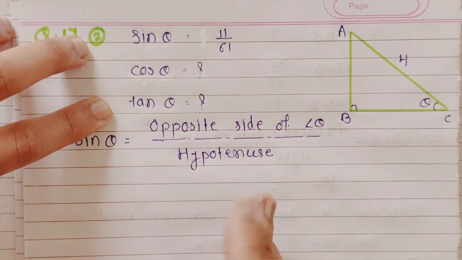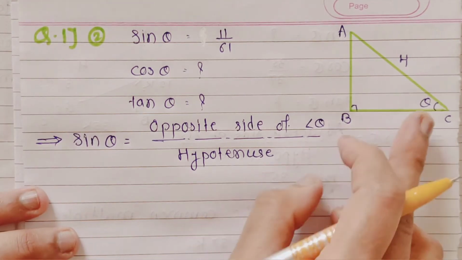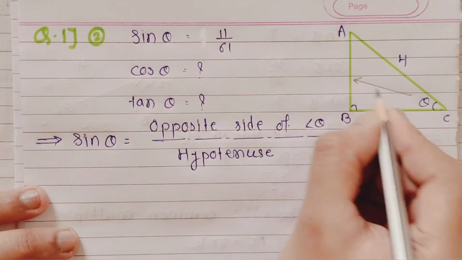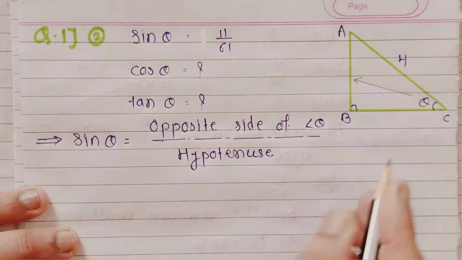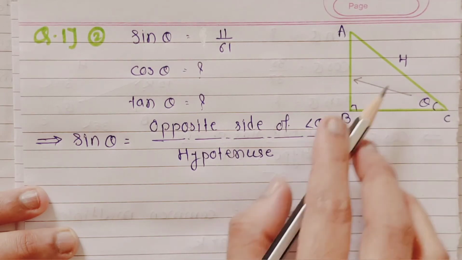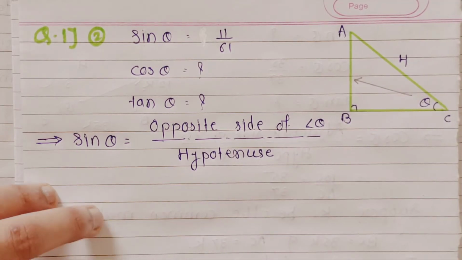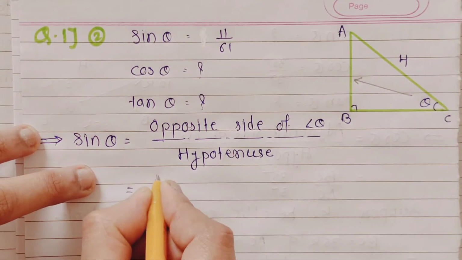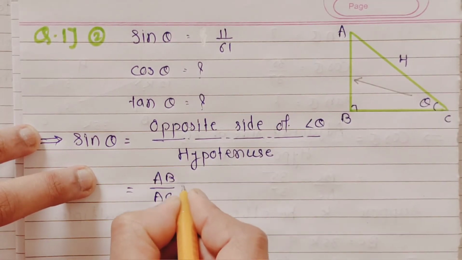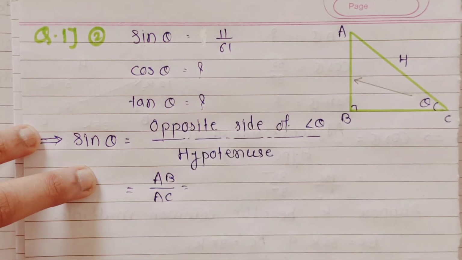So for angle theta, opposite side, it is nothing but AB. Is it clear? AB is the opposite side for angle theta and AC is the hypotenuse, that means opposite side of 90 degree. So we can write AB upon AC is equal to 11 upon 61.